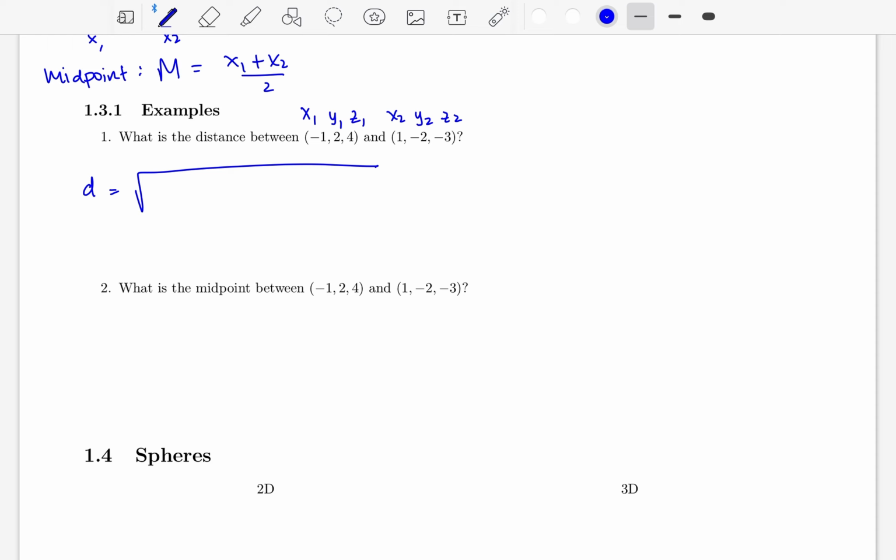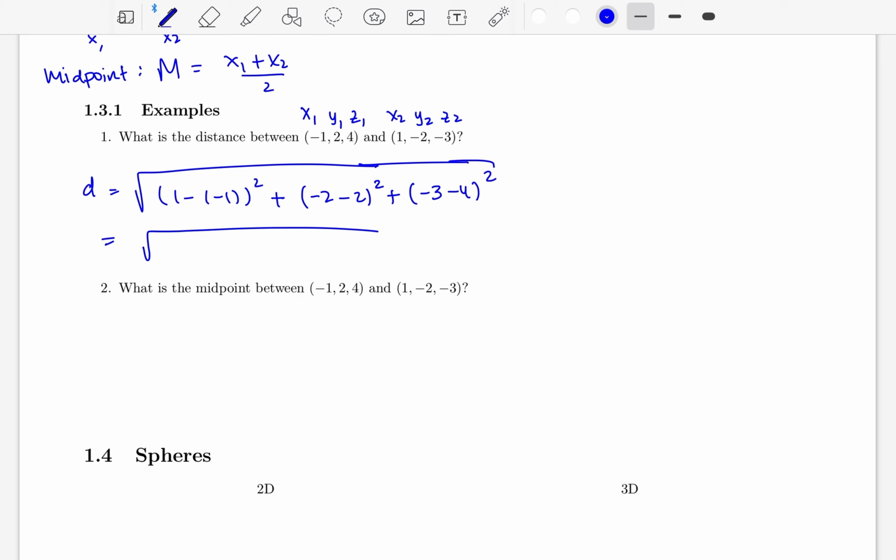So I'm going to do x2 minus x1, so x2 minus x1 squared plus, and then I do y2 minus y1, so y2 minus y1 squared plus, and then z2, -3, minus z1, so -3 minus 4, square it.